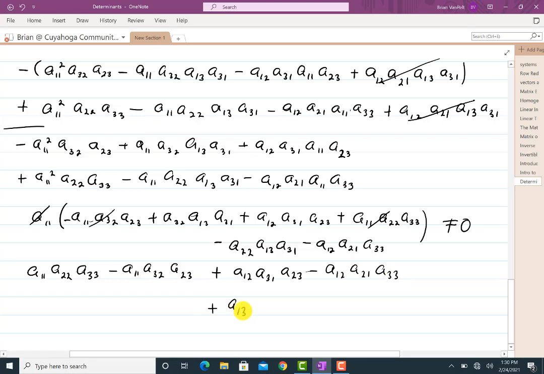What's it attached to? This thing here. A32, A31. And then we are going to match it with this guy down here, minus A13, A22, A31.